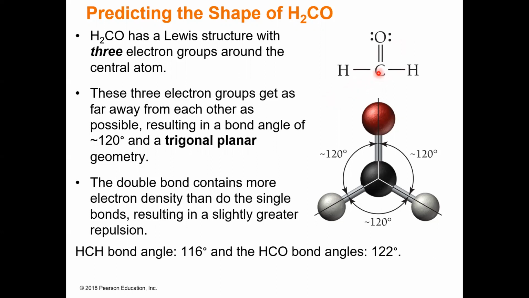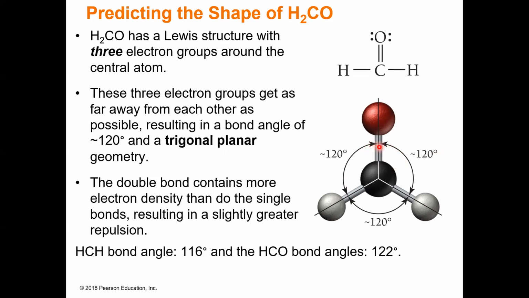Notice in this case, because not all of our bonds are identical, we have bonds to different types of atoms, we actually don't have exactly 120 degree separation between each of our bonds. Our double bond will actually have greater electron density around it, so it'll push those single bonds further away from itself.